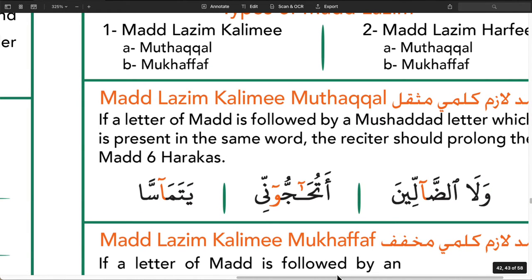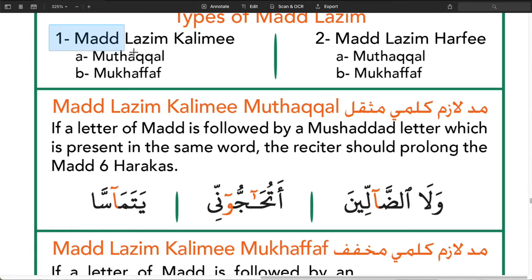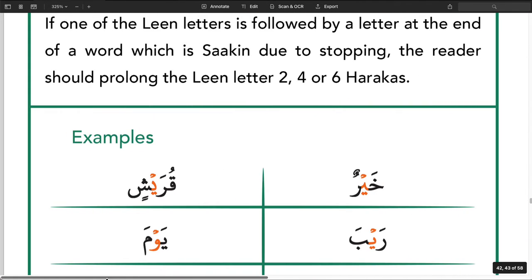So mad lazim kalami is whole words, like this one. But mad lazim harfi are just the huruf muqatta'at in the Quran, just the disjointed letters. So that makes it easy for us, okay. Let's go back.